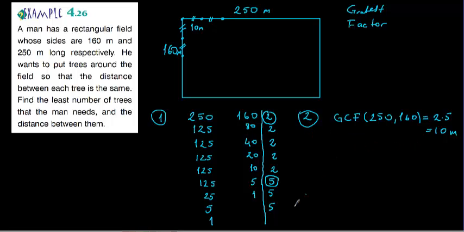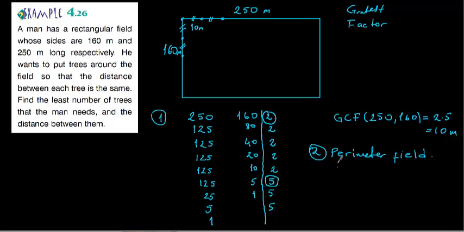And here at the second step, we are going to find the perimeter of the field, because when you find the perimeter of the field, you will find how many trees you need.